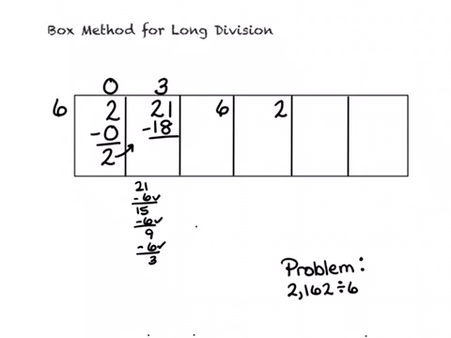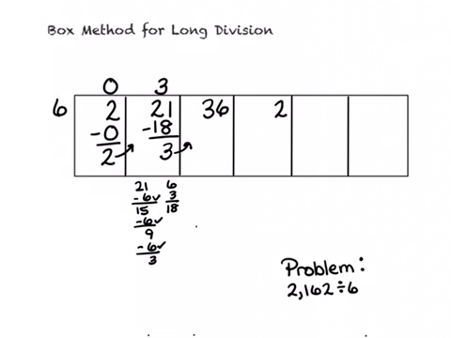Or you might see them try some multiplication facts where they do their work like this. But either way, they would come up with 3 6s. And we subtract that. 21 minus 18 is 3. And we want to empty that box. So 3 goes to the next box.